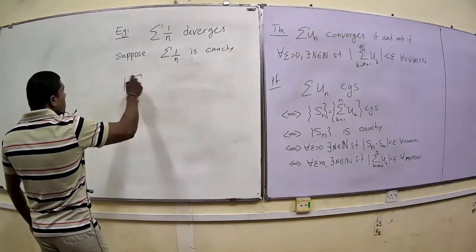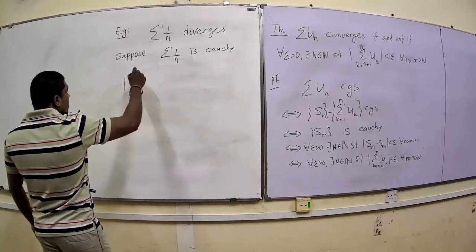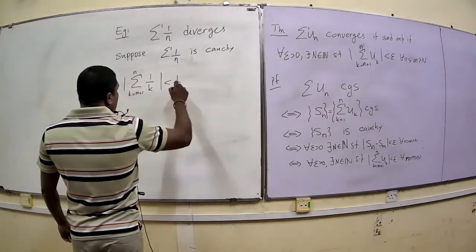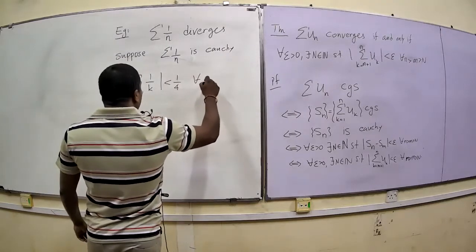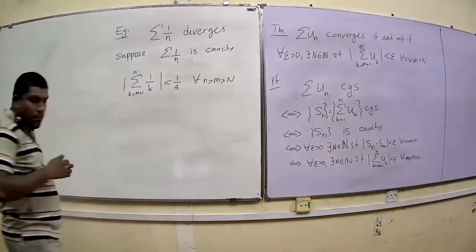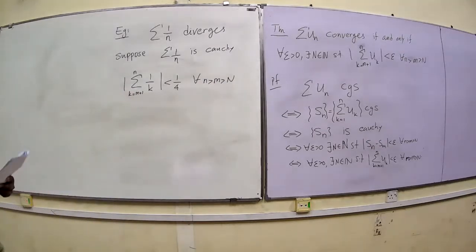So then the summation of 1 upon k is less than 1/4, right, for all n greater than m greater than N.